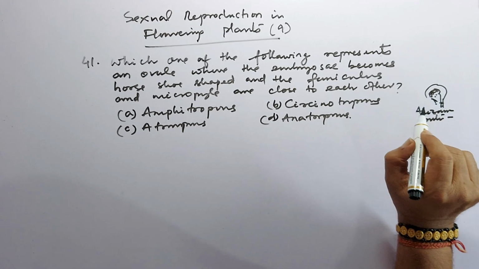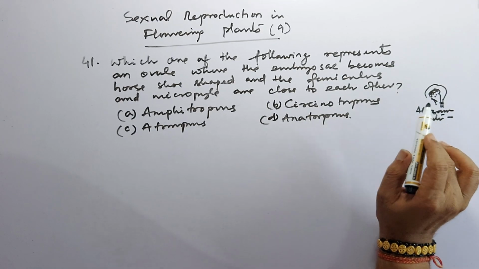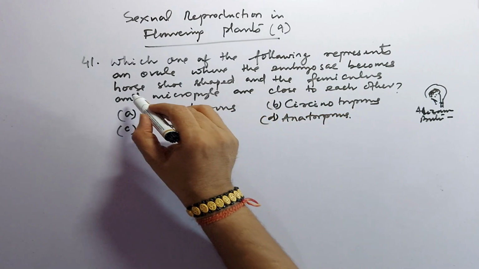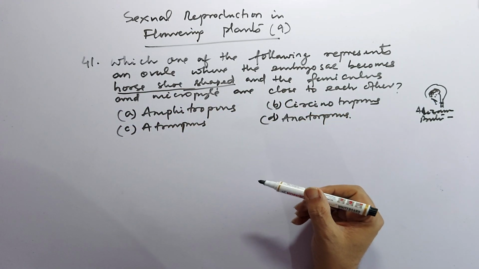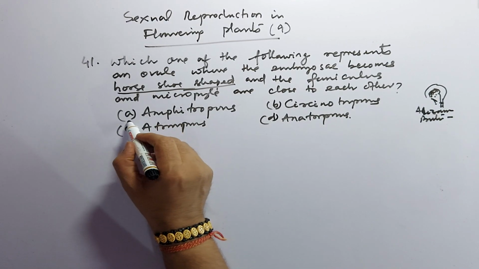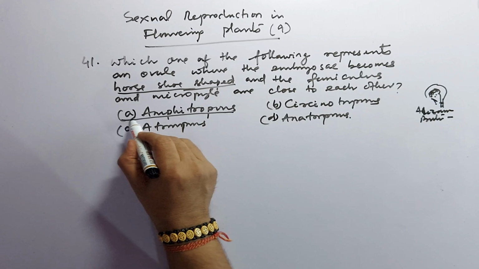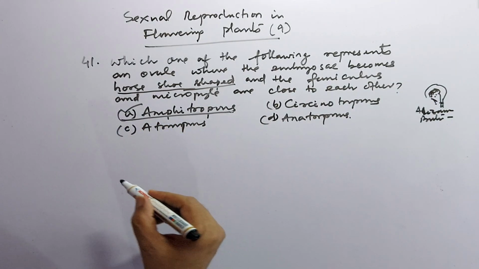This horseshoe shaped embryo sac is mainly found in the Amphitropous, so this is the correct option.